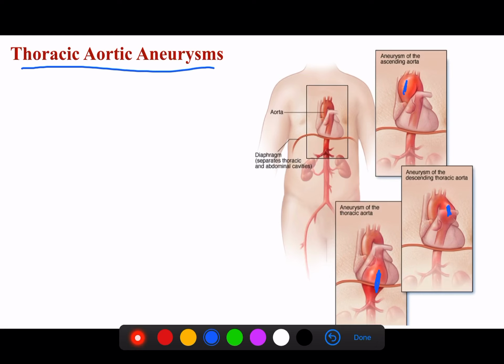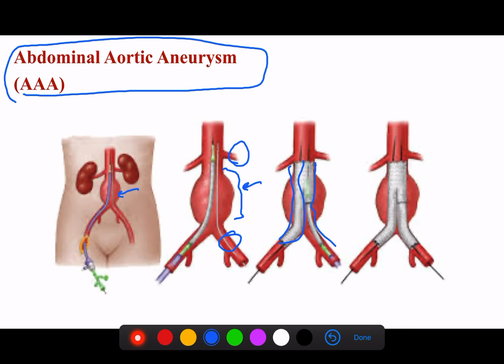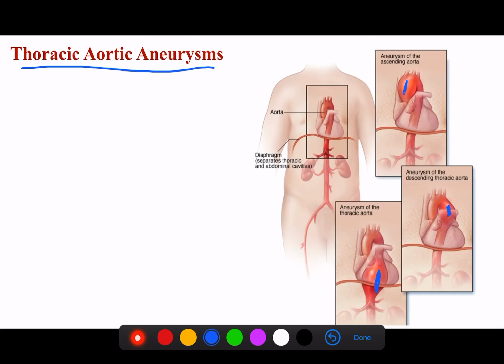This aneurysm mainly occurs due to hypertension. Rupture of the wall may cause thoracic hemorrhage and bleeding within the thoracic cavity, and it may be lethal. The abdominal aortic aneurysm mainly occurs due to atherosclerosis. Thoracic aortic aneurysm is mainly due to hypertension.